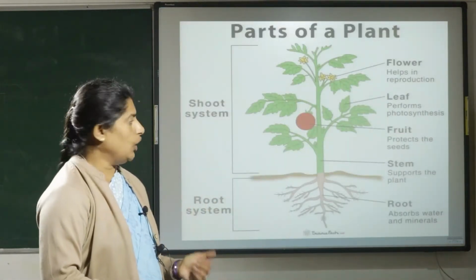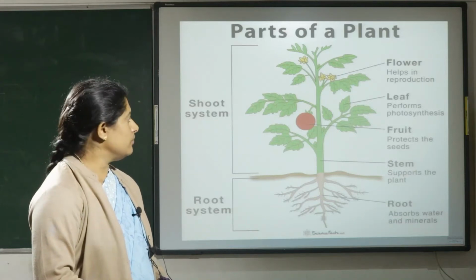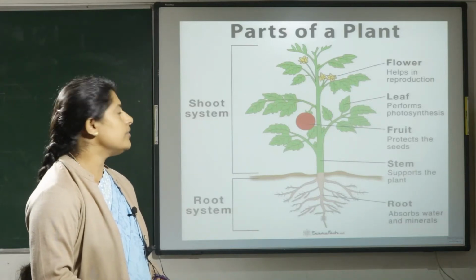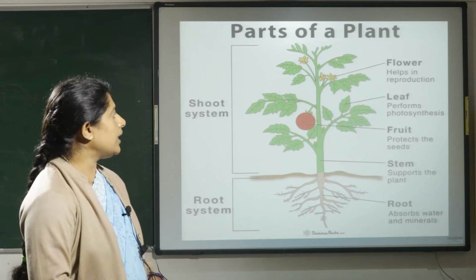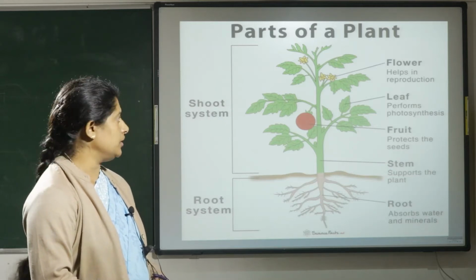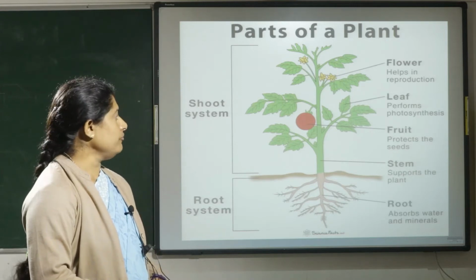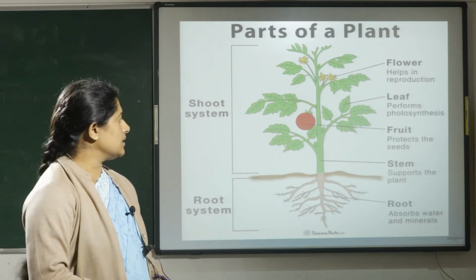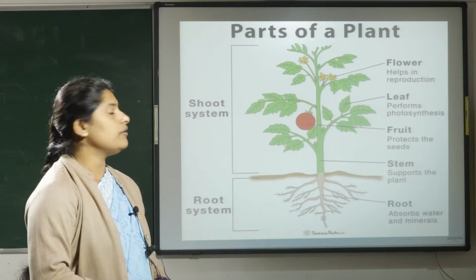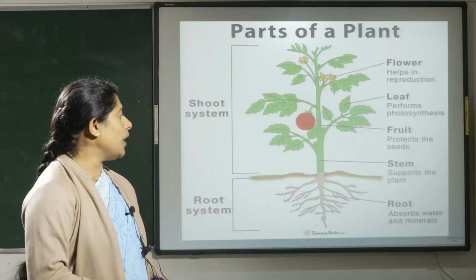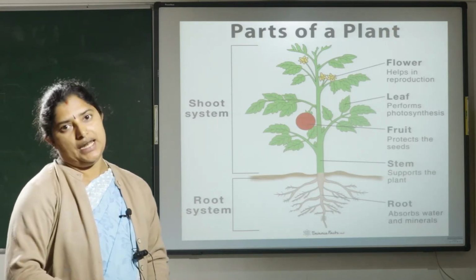Here you can see root, stem, fruit, leaf, flower. So flower helps in reproduction, leaf performs photosynthesis, fruit protects the seeds, stem supports the plant, root absorbs water and minerals.